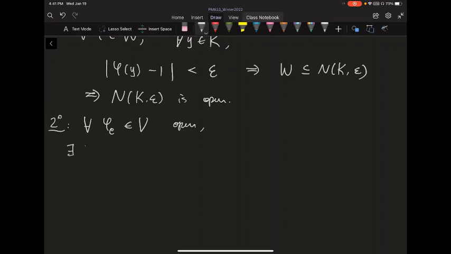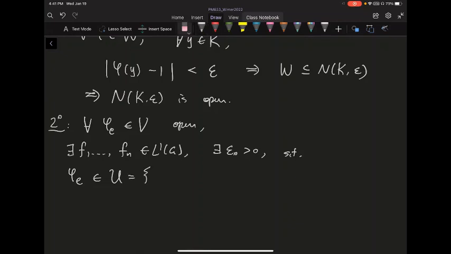There exists some collection of functions f1 up to fn inside L1 of G, and there exists some epsilon 0 greater than 0, so that we have the following: phi E is inside U. Let's just write U first, this U of f1 up to fn centered at phi E with this control epsilon 0.